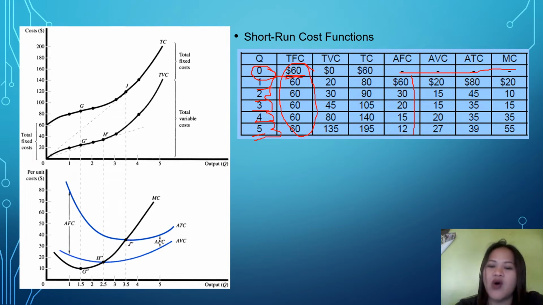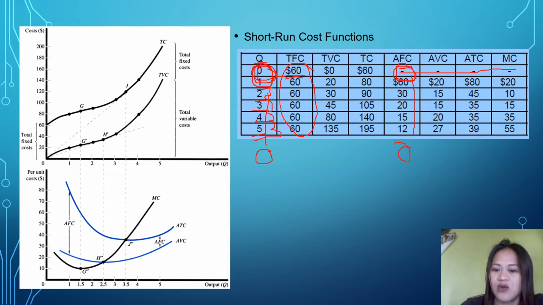Why? Because an average fixed cost will only be zero if the quantity is zero. Kaya nga dito at the very beginning, it became zero because the output is zero.